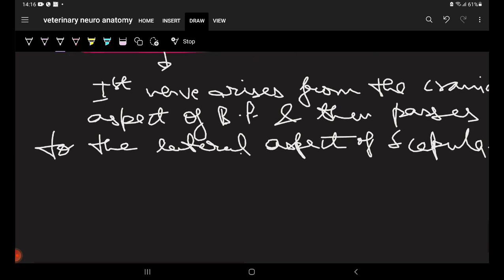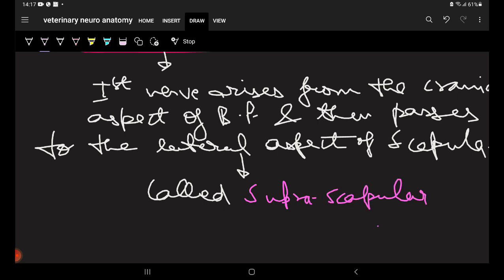So this one is called suprascapular nerve. So first is suprascapular nerve.